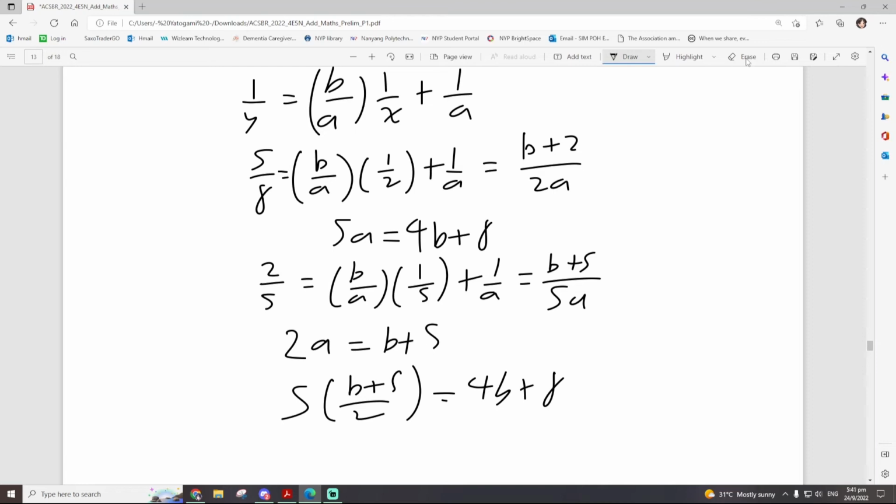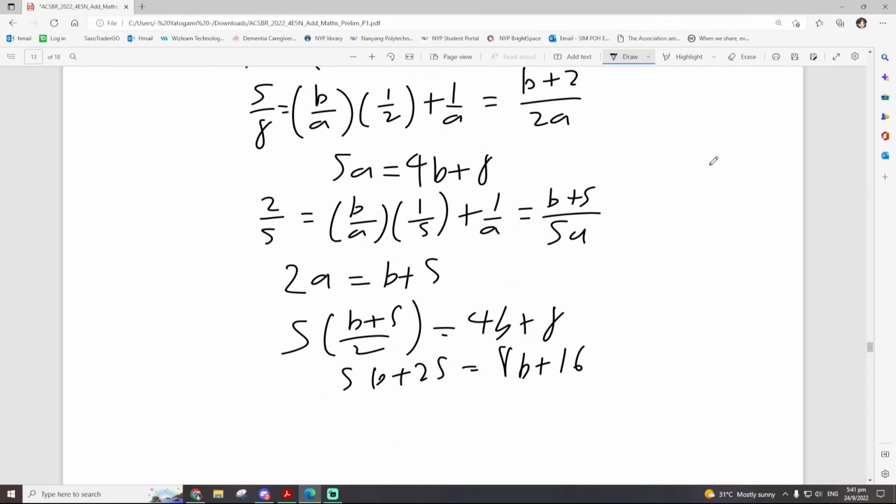We can multiply out, so we'll get 5b plus 25 equals 8b plus 16. And then you will see that 3b equals 9, so b equals 3, and a equals 3 plus 5 divided by 2, which is 4. Okay? Yeah.